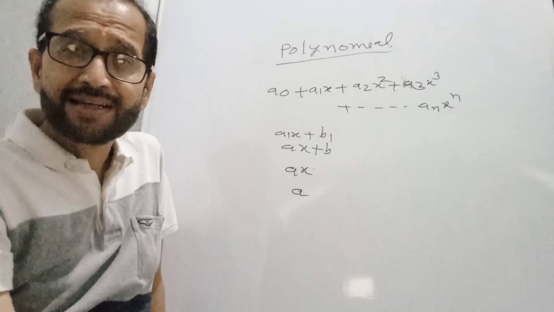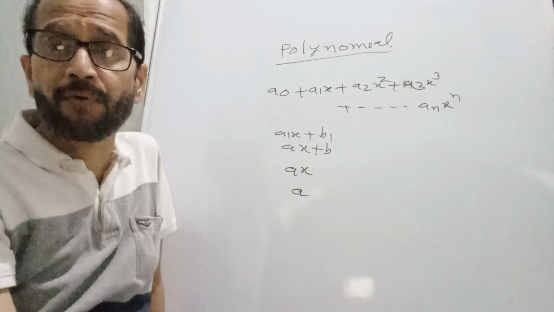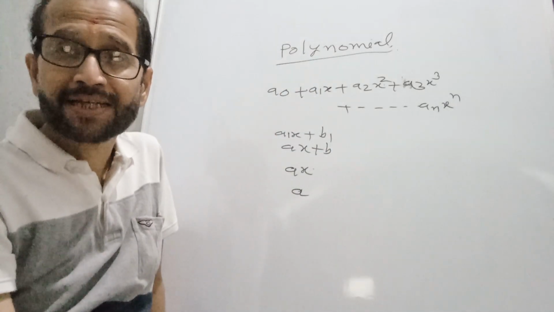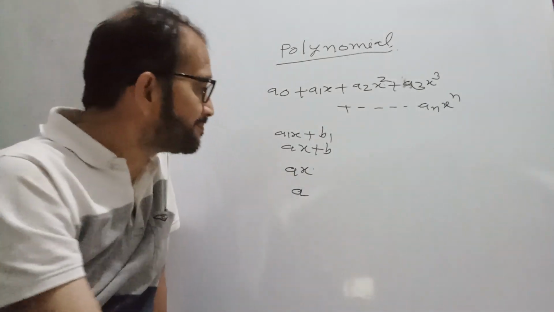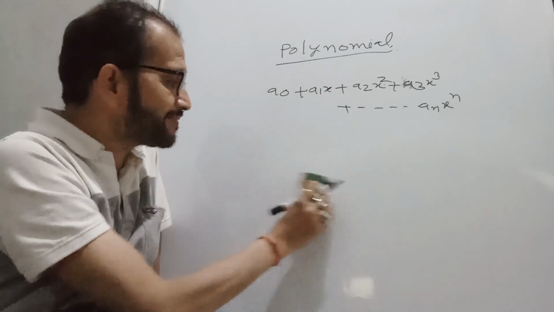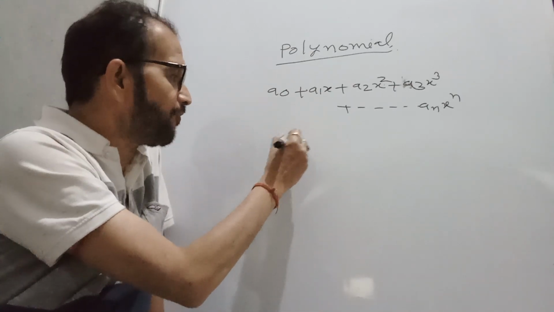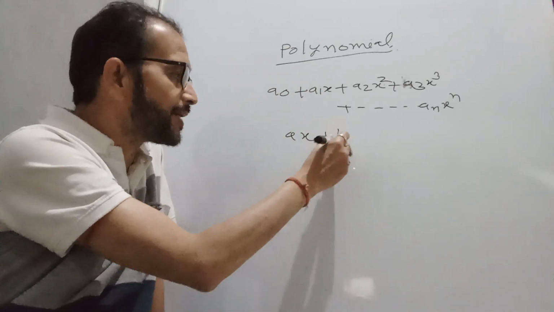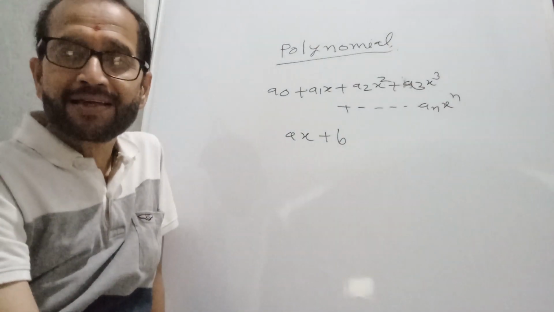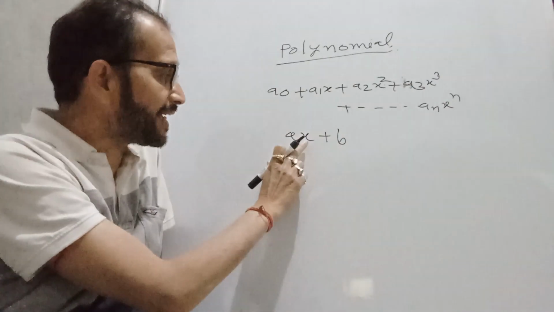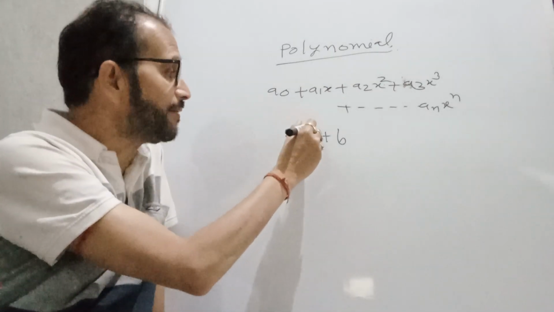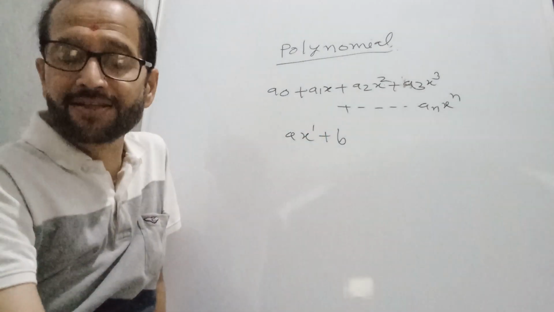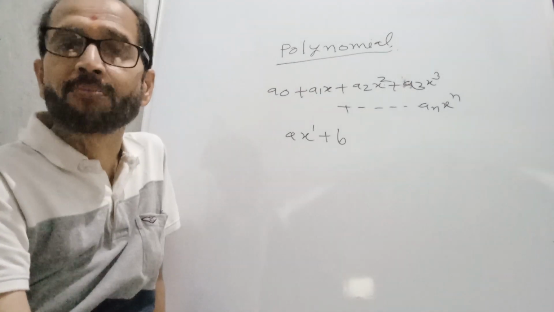But there are so many kinds of polynomial. Suppose any polynomial is in the form of ax plus b, then here the degree of variable x is 1, so it is called a linear polynomial.